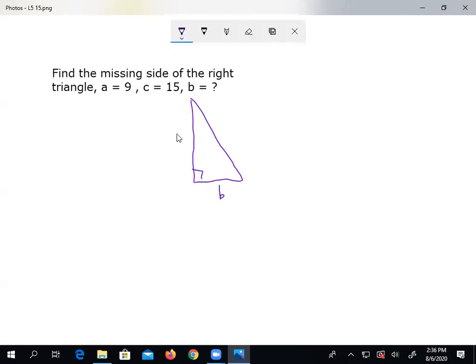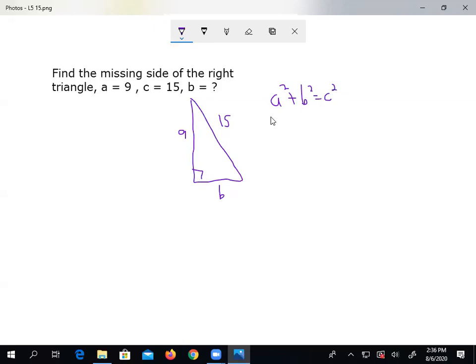The known one of the sides is 9, and we know that a is one of the sides that makes the right angle, and b is the other side that makes the right angle, and the c is the slanted side, so 15 has to go over here. So I can show my knowns and my unknowns and my whole relationship just in a drawing. So a squared plus b squared equals c squared is on the GED Formula Sheet.